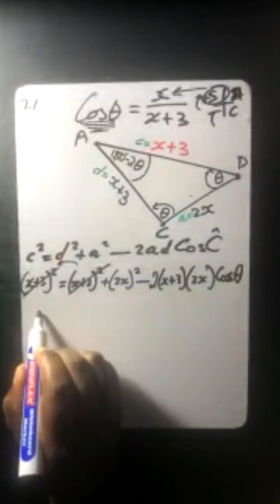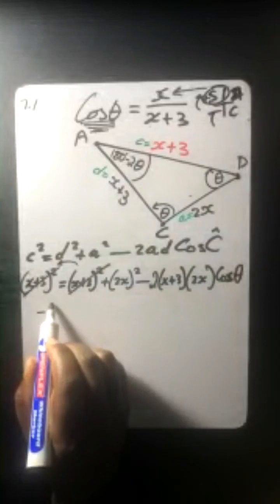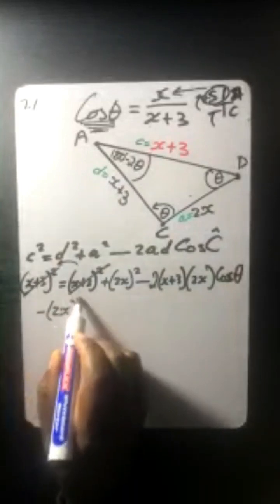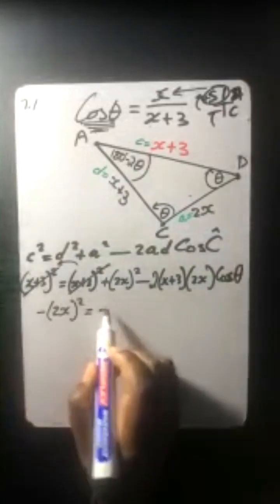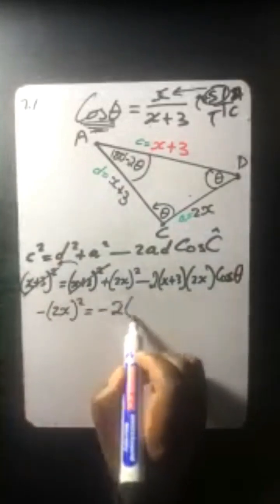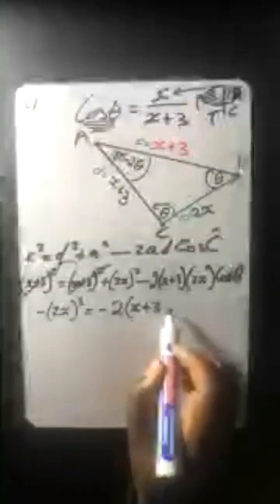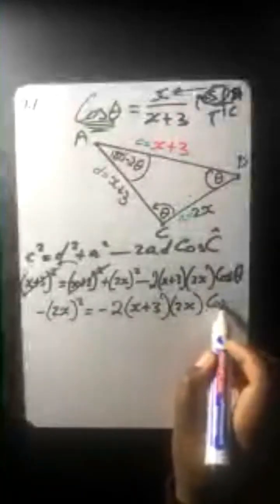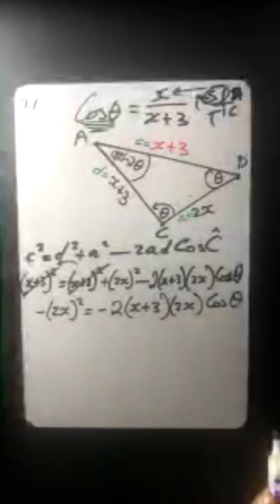So that means it's going to be equals to negative 2x squared, which is going to be equals to negative 2 into what are you having there? You have x plus 3, and you still have 2x. There you are having cos of an angle.